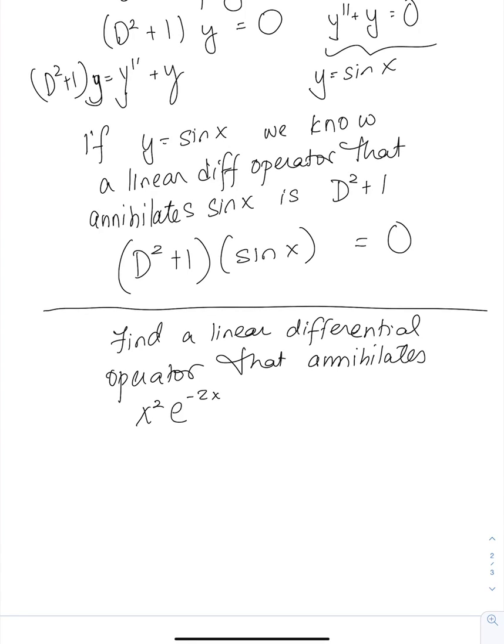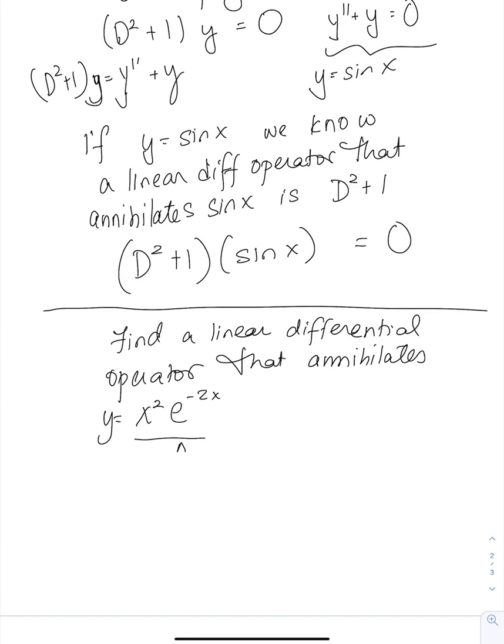So you want to find a linear differential operator that annihilates the function x squared times e to the negative 2x. You ask yourself, what kind of characteristic polynomial would you need such that when you look at the roots and the solutions you get, one of them is x squared times e to the negative 2x.